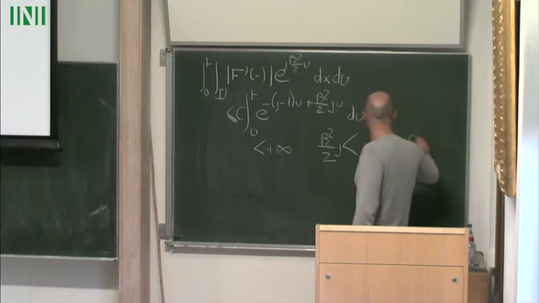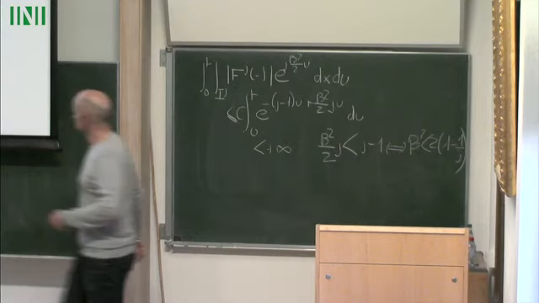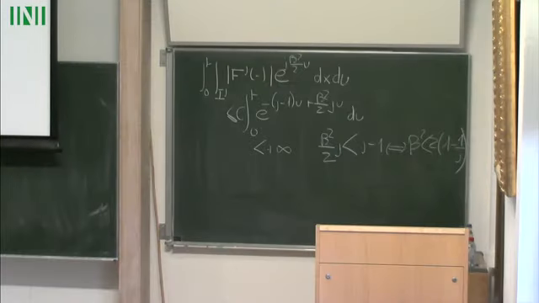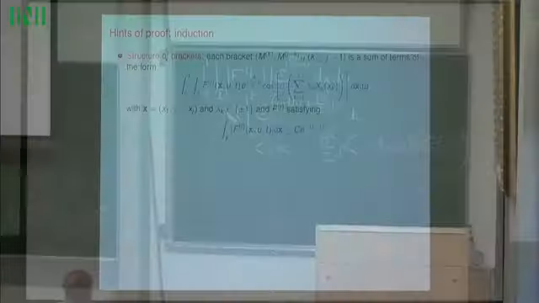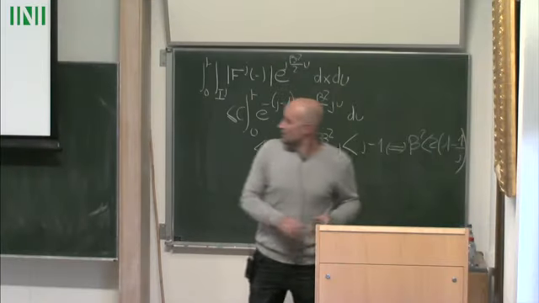This is equivalent to beta squared less than 2 (1 minus 1 over j). Okay? So the integrals that you got here are bounded provided that beta squared is less than 2 (1 minus 1 over j). And this is exactly the condition for the thresholds. Okay? So here you see where this condition for thresholds comes from.